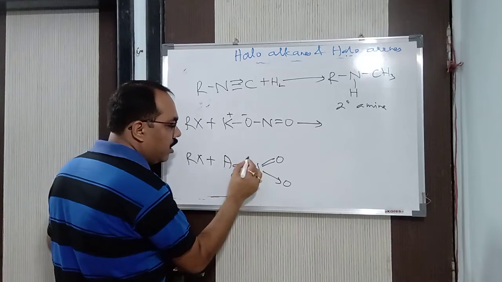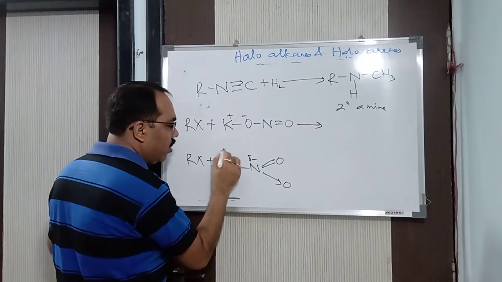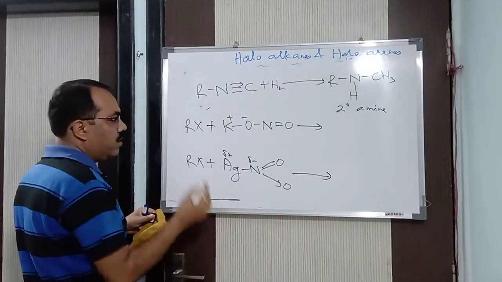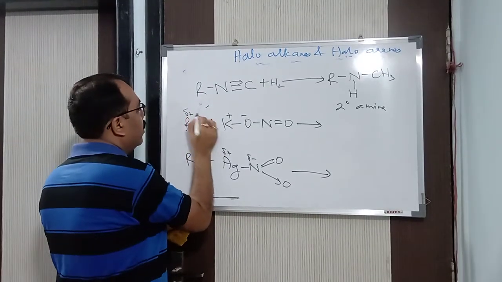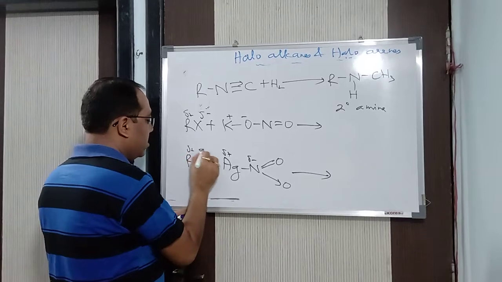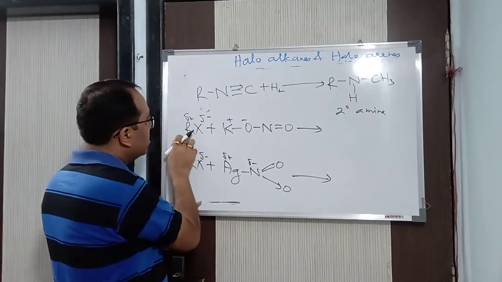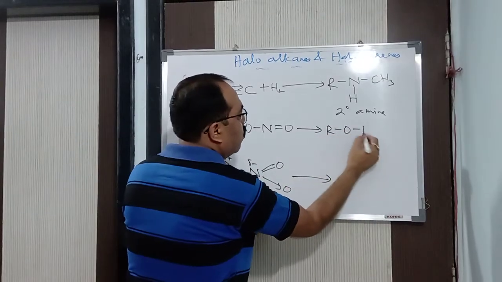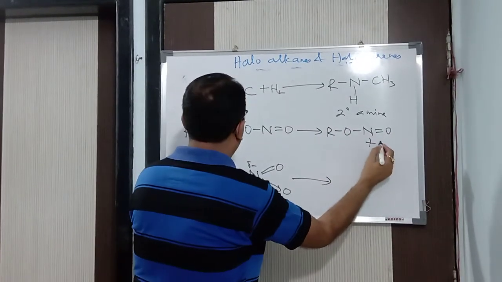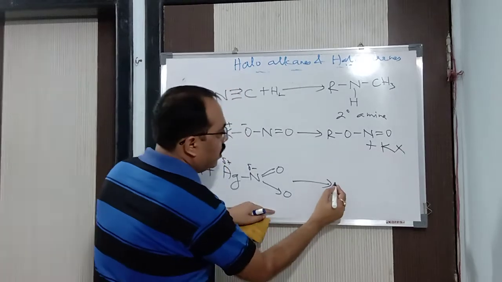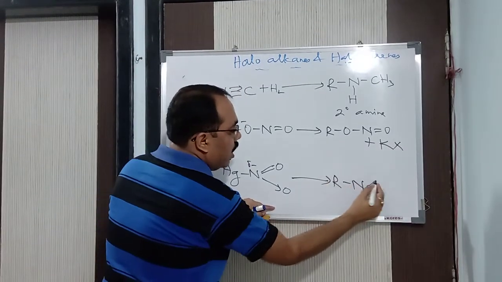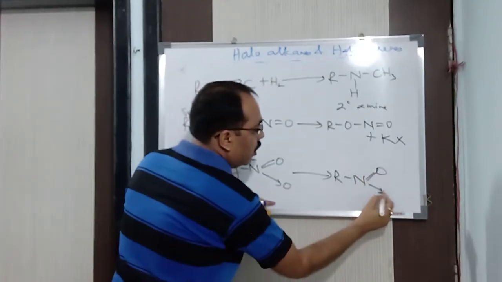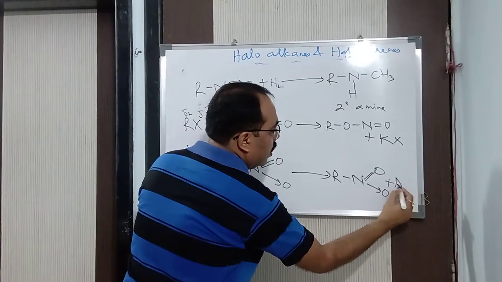It will be differentiated on the basis of electronegativity, just as in the previous case of nitriles and isonitriles. R plus X minus: positive goes with negative. With potassium nitrite I get RONO, alkyl nitrite, plus KX. With silver nitrite I get RNO2, nitroalkane, plus AgX.